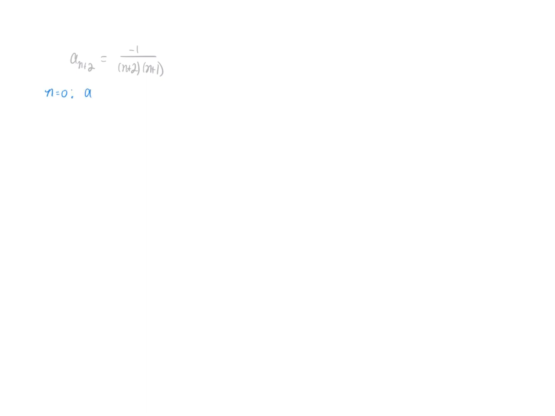That would be a sub 0 plus 2 is equal to negative 1 over 0 plus 2 times 0 plus 1, a sub 0. Or a simpler way to write that would be a sub 2 equals negative 1 over 2 a sub 0.